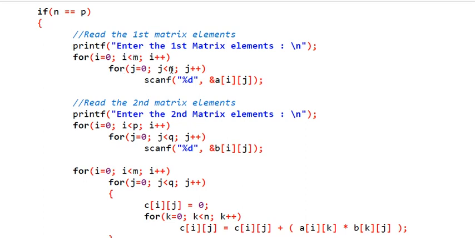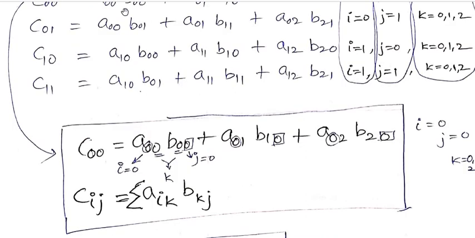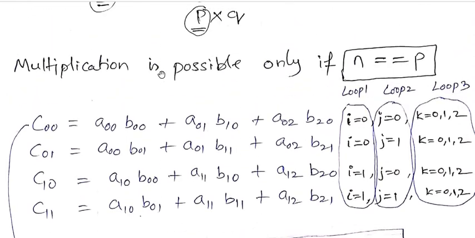Then we go through all the columns, j becomes 0. Now we have the scanf statement, %d ampersand of a[i][j]. What is the value of i and j? i is 0, j is 0. That means it will read the first element a00.